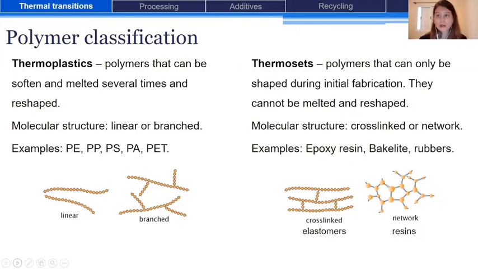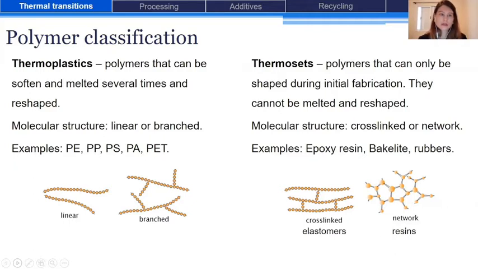So we can give the shape to this molten polymer, and if we decrease the temperature, the material will become more solid, and the shape will be fixed. If we want to give another shape or reprocess thermoplastics, we just have to apply again temperature and pressure. Since this process can be performed many times, we say that thermoplastics can be recycled.